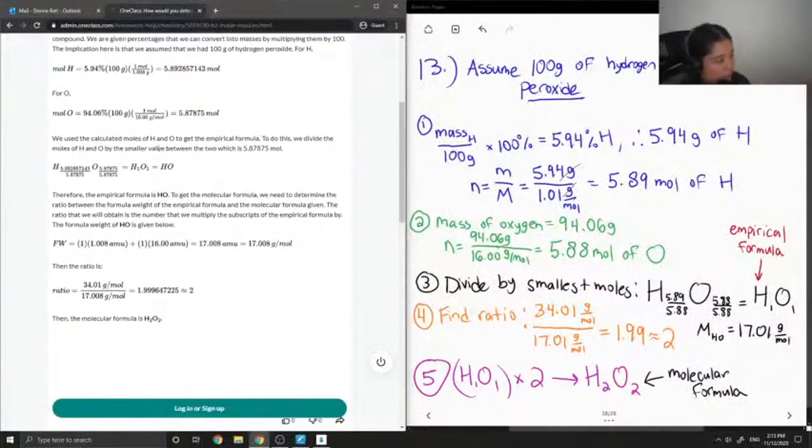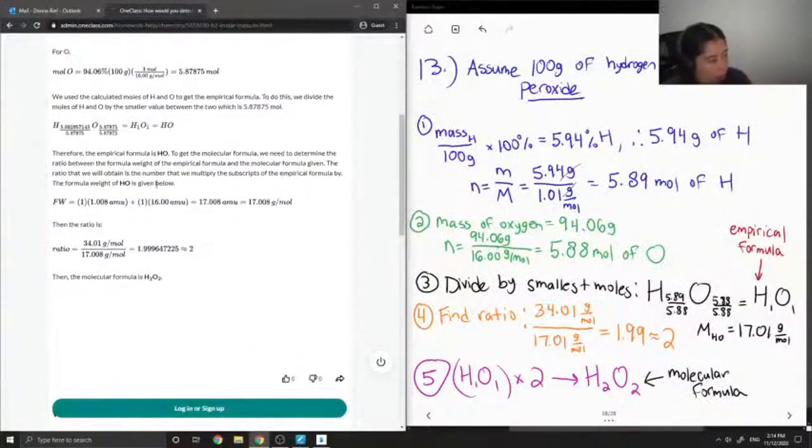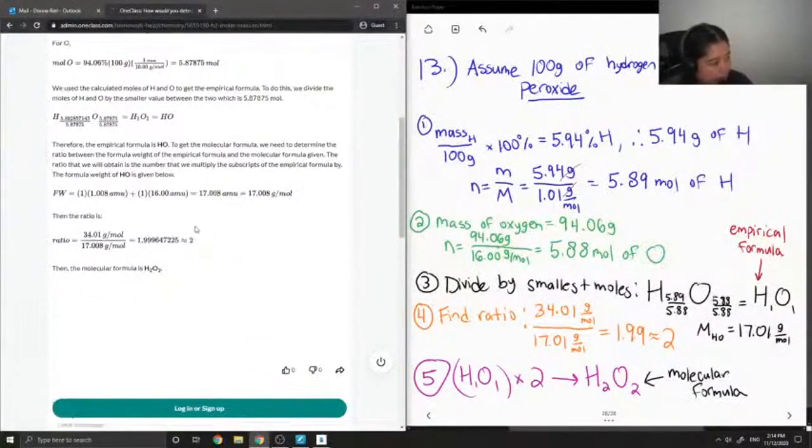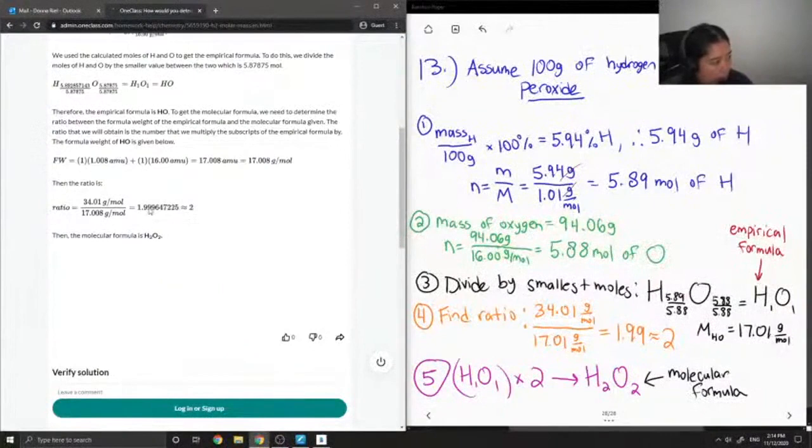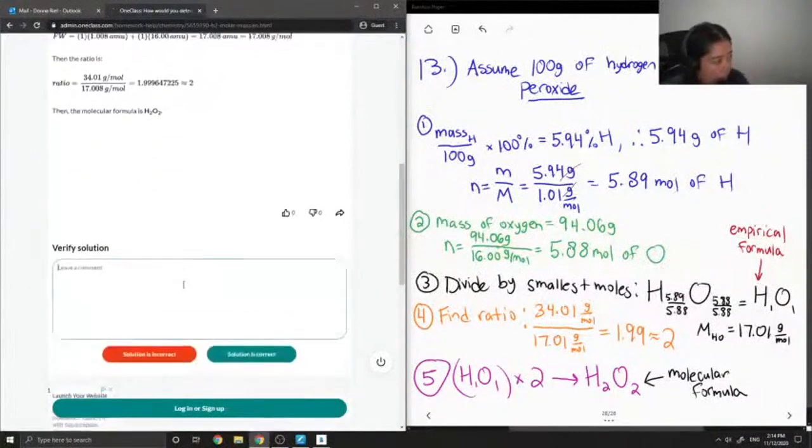The next thing is to divide by the smaller value of moles, which was the 5.88, and they got an empirical formula of HO. To get the molecular formula, I need to determine the ratio between the formula weight and the empirical formula. So they actually showed out how to get the 17.01, and they got a ratio of 2. So the solution is correct.